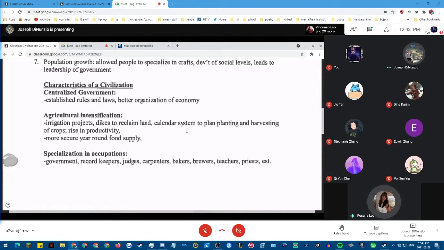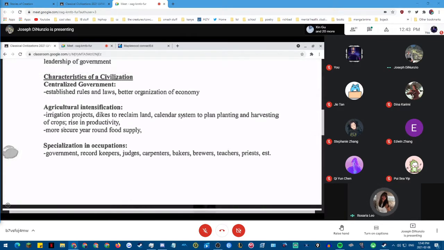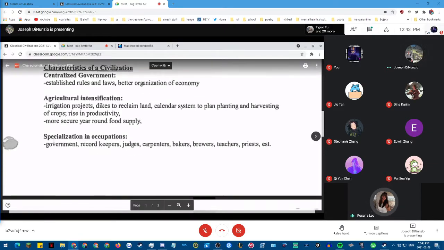Calendar system to plan planting and harvesting of crops, rise in productivity, more secure year-round food supply, specialization in occupations: government, record keepers, judges, carpenters, bakers, brewers, teachers, priests, etc.